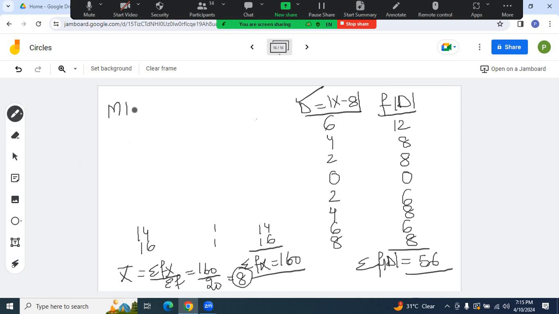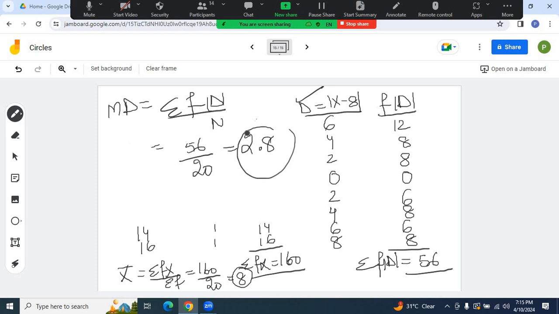Mean deviation is summation fd upon n. Summation fd is 56, n is 20. 2.8. So that means 2.8 is the deviation of the table through mean, not through median, through mean we have found.